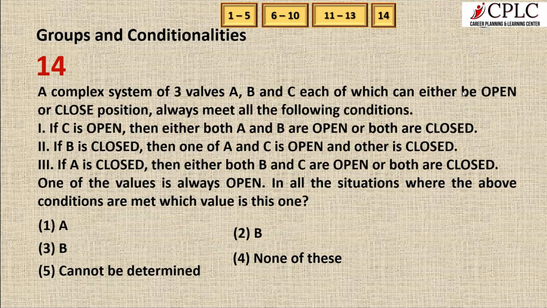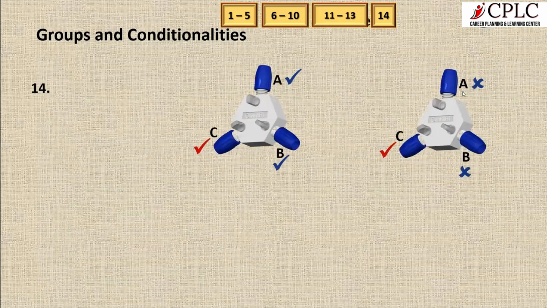We have already followed the first condition. So let's move to the second and the third condition. If B is closed, then one of A and C is open and the other is closed. If A is closed, then either both B and C are open or both are closed. So according to the third condition, we can definitely eliminate the second possibility.